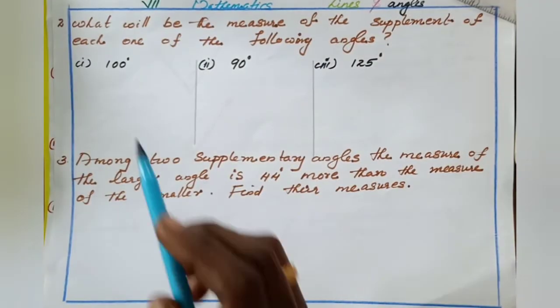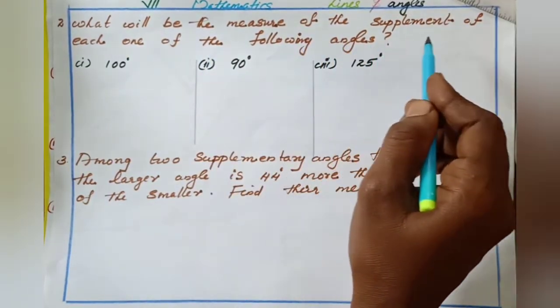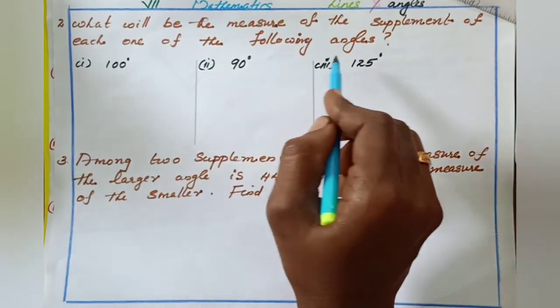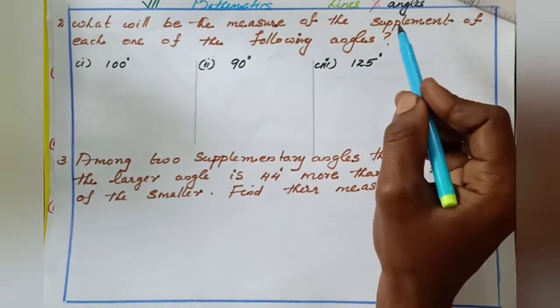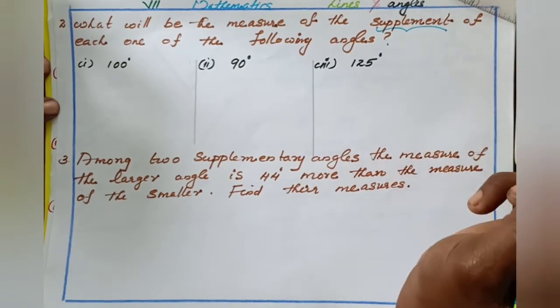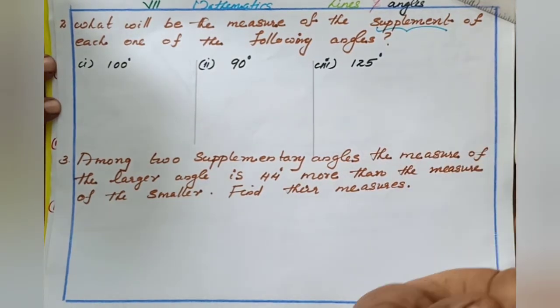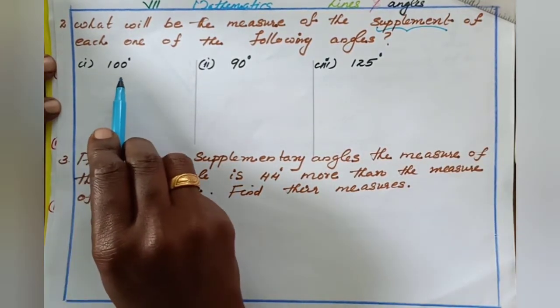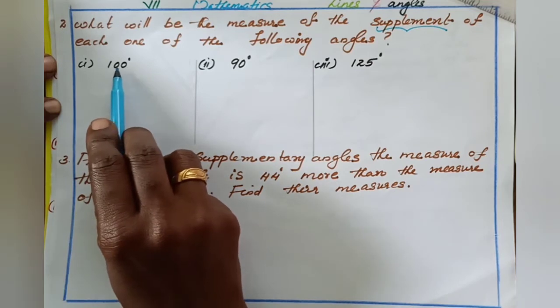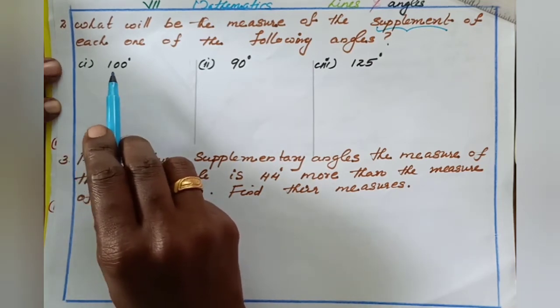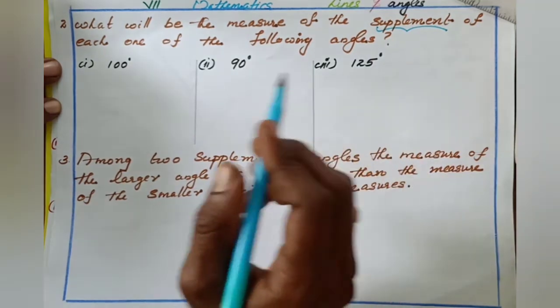What will be the measure of the supplement of each one of the following angles? What are supplementary angles? The sum of two angles is 180 degree. So to find the supplement of an angle, we subtract it from 180 degree.